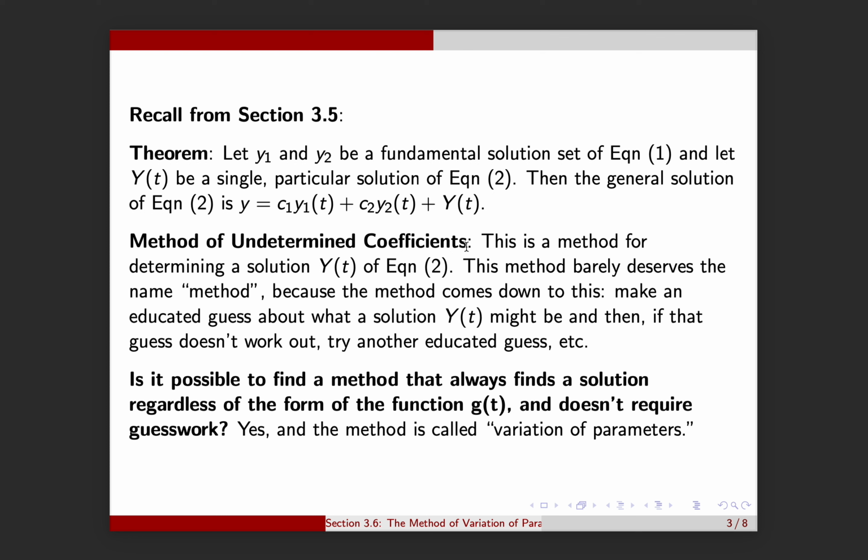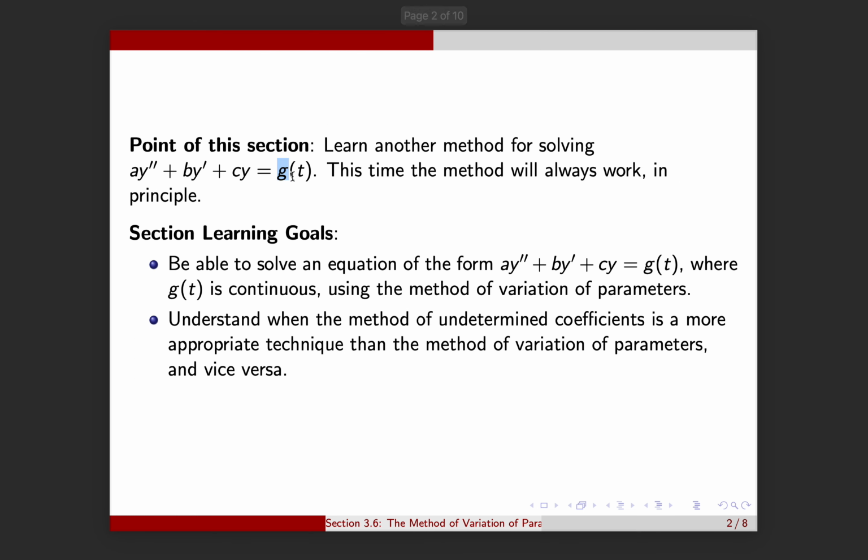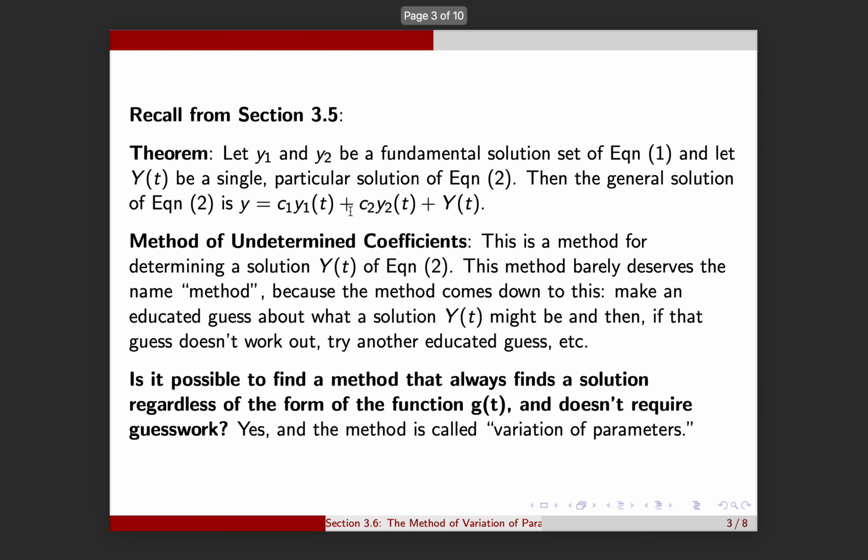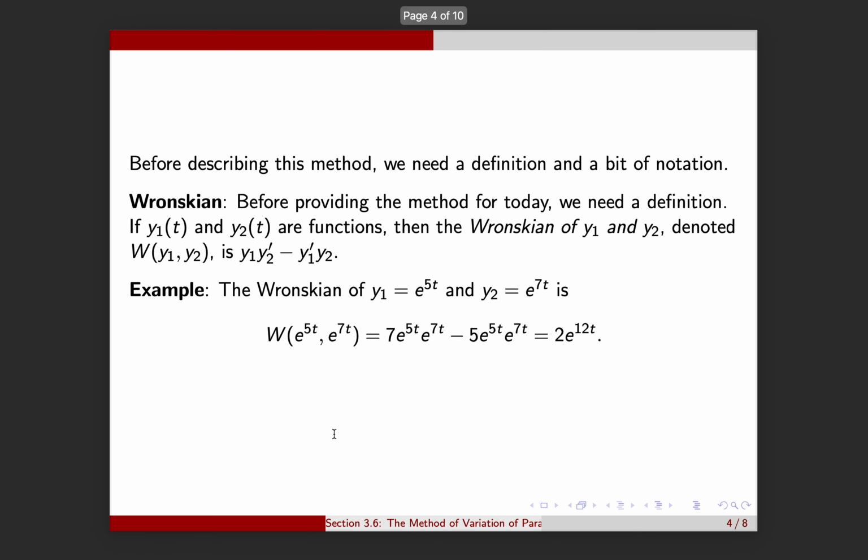You make a guess, hope it works out, and if g of t, the function on the other side, has a nice enough form, like a sine or an exponential or a multiplication of those two things, you can make a reasonable guess and get it to work out. So the question is, what if what's on the other side is not sine or exponential? And what if we don't want to guess? What can we do? Well, there's a method that always works in principle.